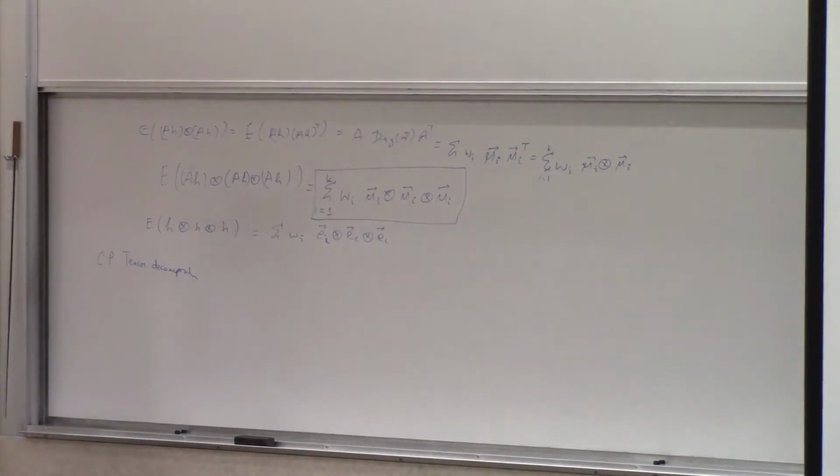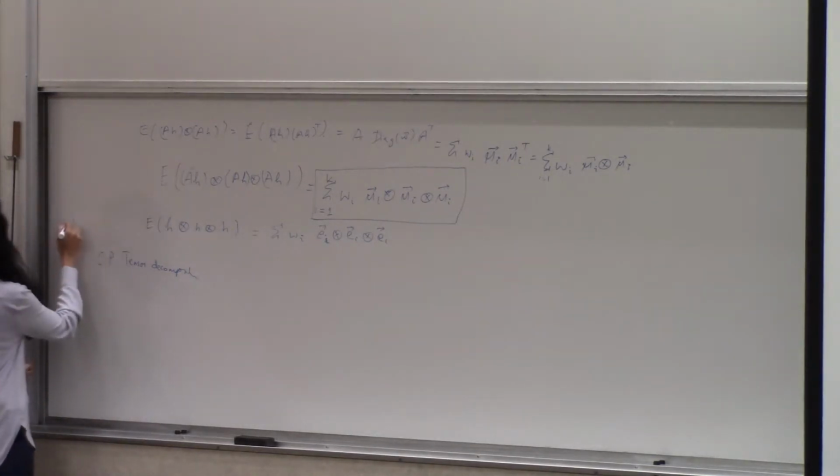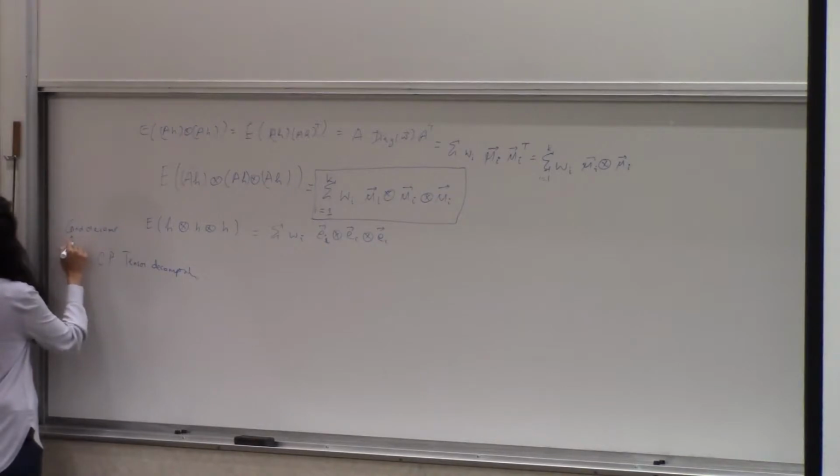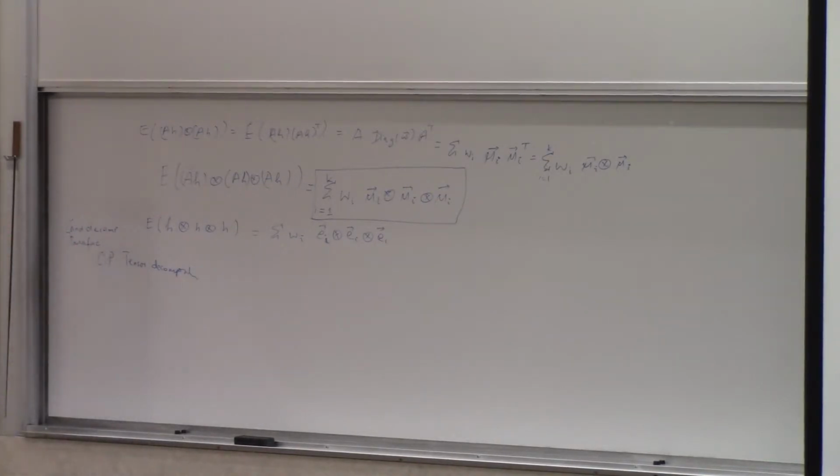It stands for canonical decomposition, parallel factors. There are so many different names for the same concept, so they just shortened that to CP. Canonical decomposition, PARAFAC, they all mean the same thing.